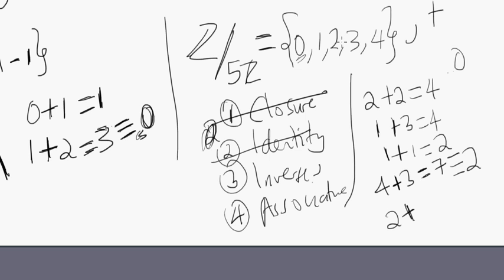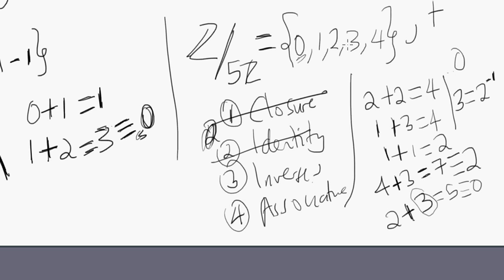So I think of it like this: if I add 3 to 2, I get 5. 5 is not in the set, but 5 divided by 5 gives me a remainder of 0. And so 2 plus 3 is really equal to 5, which is congruent to 0. And so 3 then, it's weird but it's true, 3 is the inverse of 2. 2 inverse actually equals 3, right?